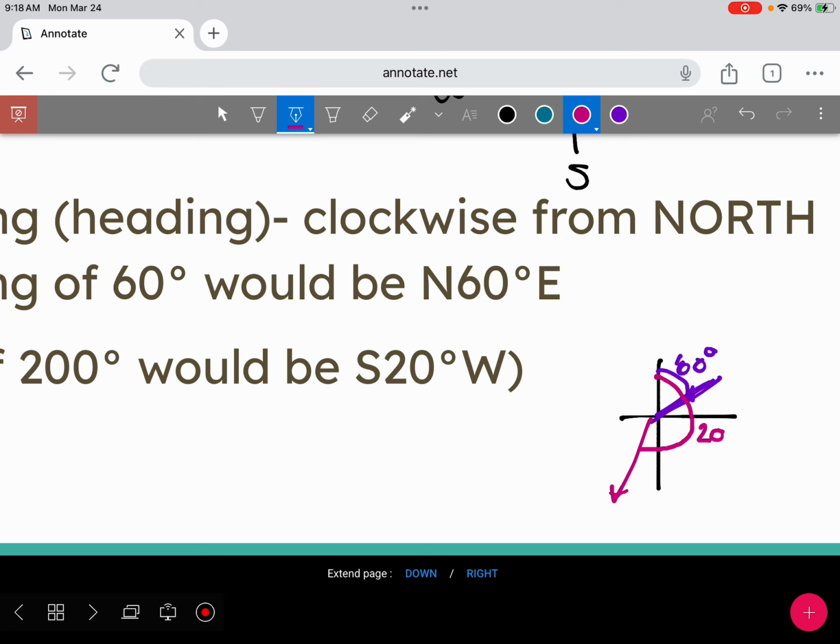So this would be our heading of 200, which is actually south 20 degrees to the west, because the quadrant bearings deal with these little angles off of the south-west guys. And the 200 is based off of north and east. So it's north 200 east or south 20 west, because north 200 east is weird. So heading is based off of north. Quadrant bearings give you the details.